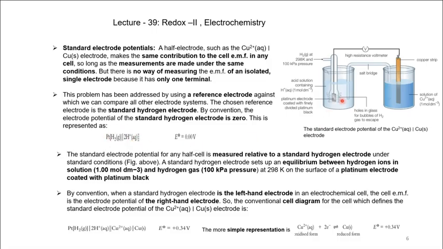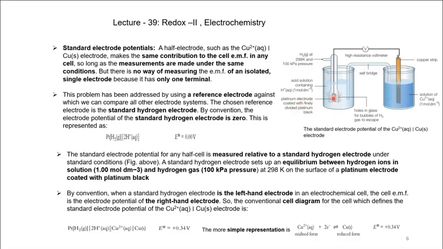And here in detail, you can see that we have hydrogen gas at 298 Kelvin and 100 kilopascal pressure. Then we have the acid solution, which should be 1 molar in concentration. And here is the platinum electrode, coated with finely divided platinum.